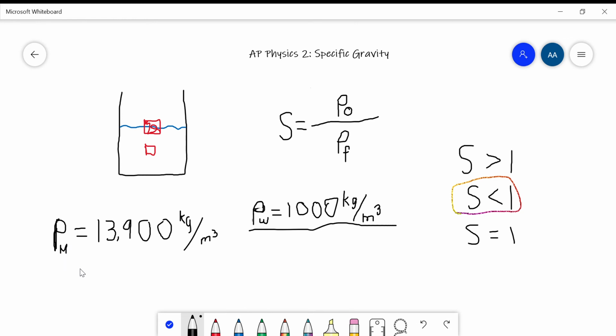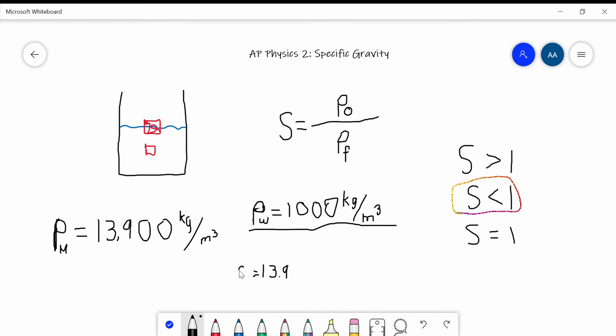Based on this, let's say we have some mercury and we put it in water. If we use our equation for specific gravity, we'll get 13,900 over 1,000, and that's going to be the specific gravity of mercury in water. If you divide this, it amounts to 13.9 as the specific gravity.